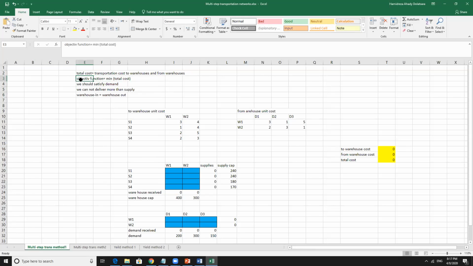The objective function is minimizing the cost. We should satisfy demand. We cannot deliver more than what we supply. And warehouse in equals warehouse out. Again, especially the last one is kind of arbitrary. You can assume warehouse in should be less than warehouse out, but you cannot say warehouse in is more than warehouse out. That's not logical.